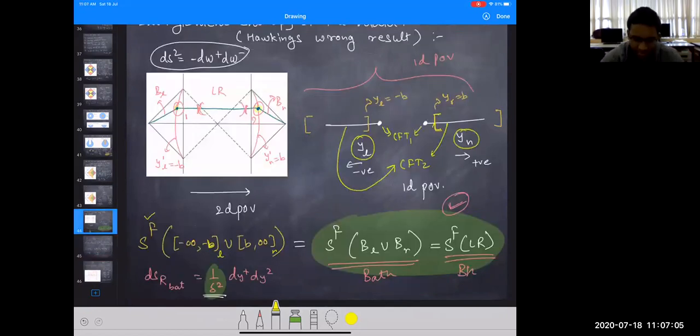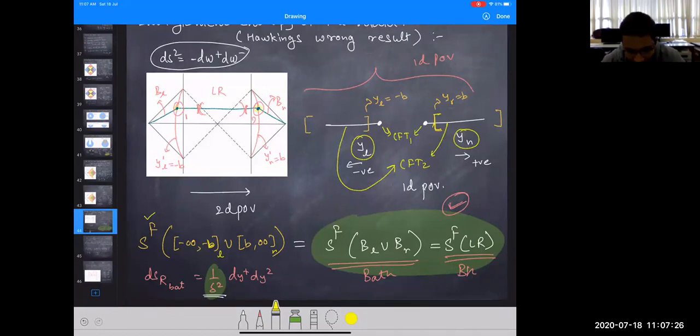We are saying that the entanglement entropy of BL union BR is growing. So by unitarity it has to be that the entanglement entropy of LR is growing. But LR contains a black hole, and a black hole has a bound on degrees of freedom, which is just the entropy of the black hole.